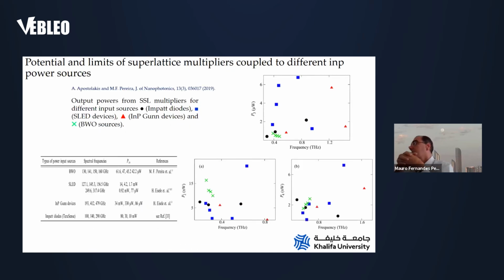If we look at available powers for the sources that we've been using, like GaN devices, LEDs, PWOs, we see that for the powers and frequency that they can currently generate, we expect this range of power output. At the moment we expect micro and nanowatts coming out from the different harmonics.